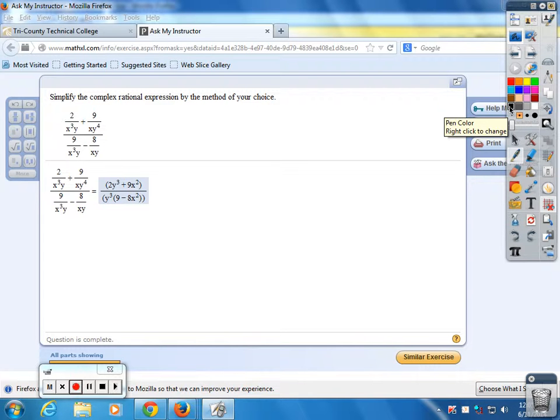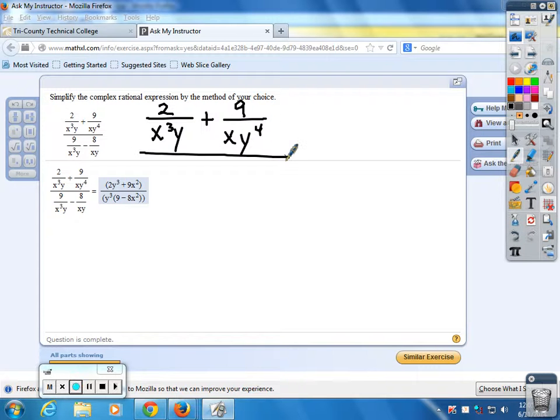This one is 2 over x cubed y plus 9 over x y to the 4th, over 9 over x cubed y minus 8 over xy. Well, the common denominator is going to be what? X cubed y to the 4th? Now, how did I get it that fast?